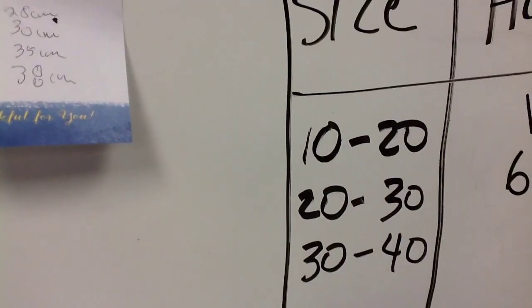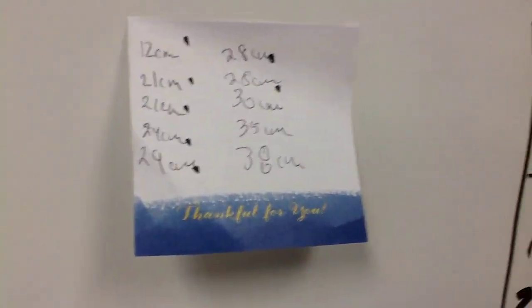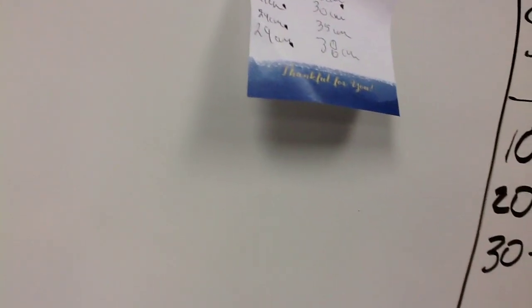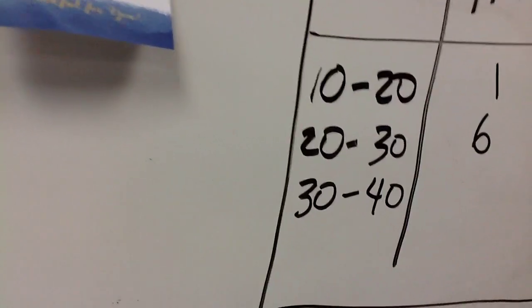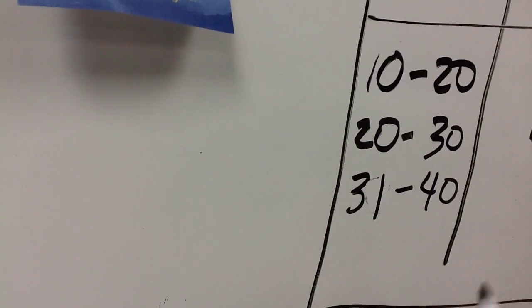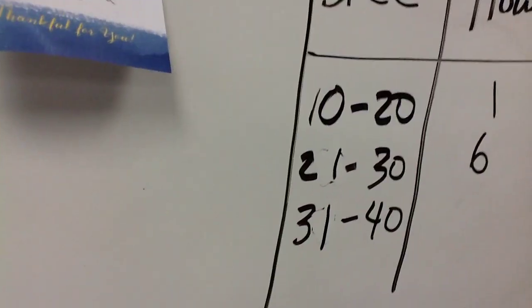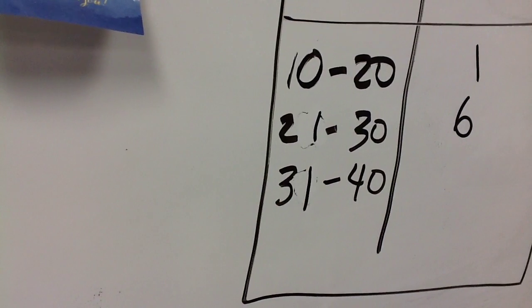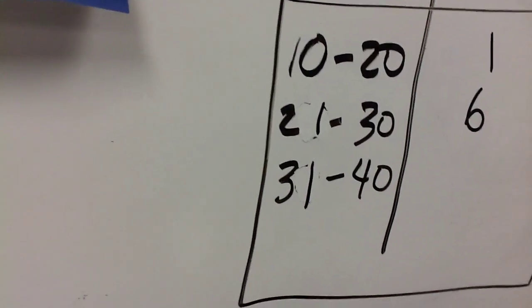And then 30, uh-oh, there's a problem here. There is a 30. What would we count it as? The problem is that maybe we can't replicate numbers. So this should be 31 to 40, and this should be 21 to 30. So be careful when you're organizing data.